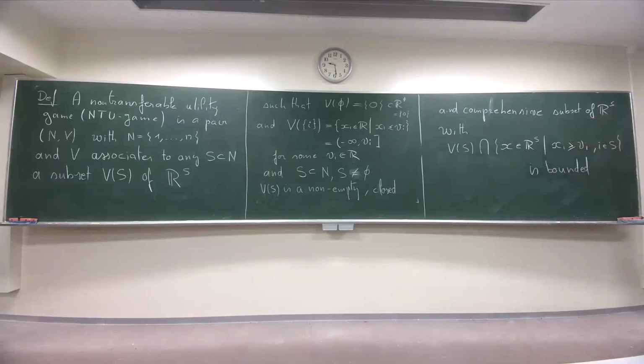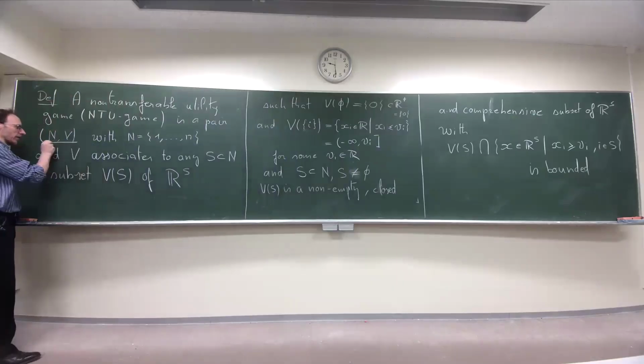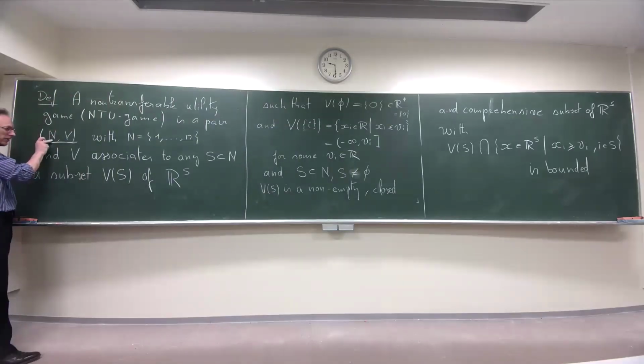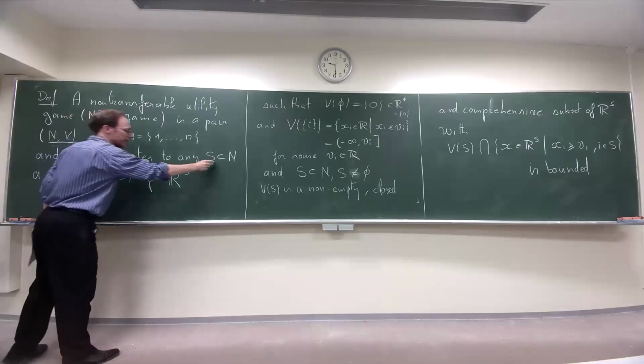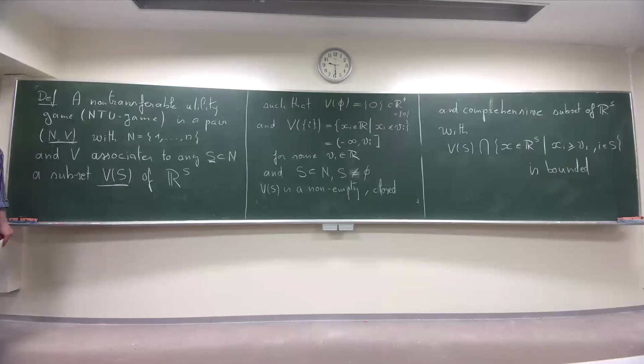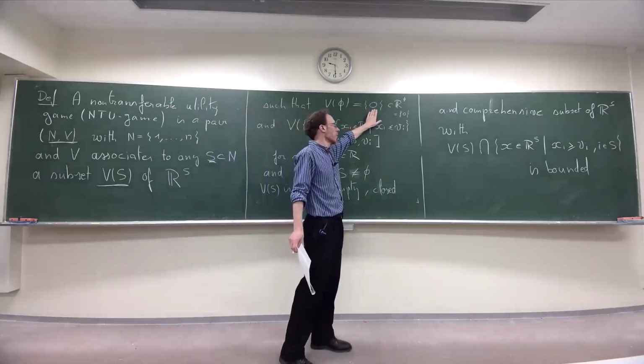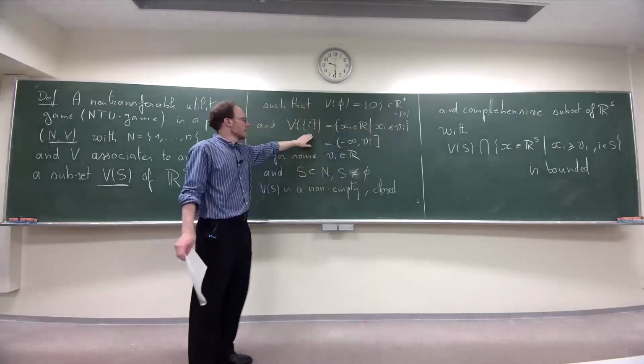Okay, so let's summarize. An NTU game is something rather simple. It's two things: the set N of players, and a function v, which takes any S in N and associates a subset of this vector space R^S with a few conditions. First, the empty set is sent to 0, but you have no other choice.